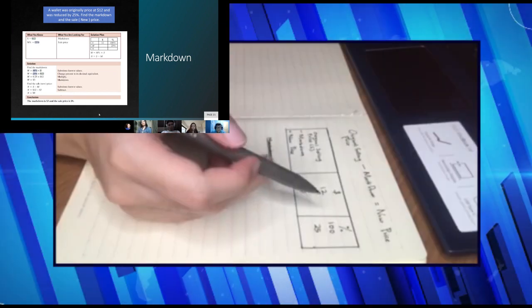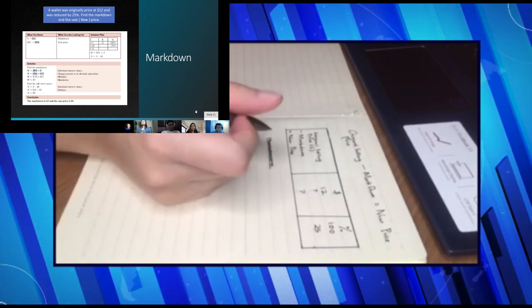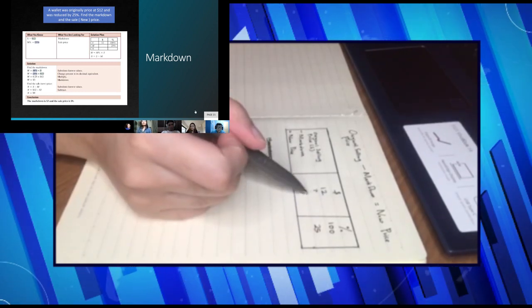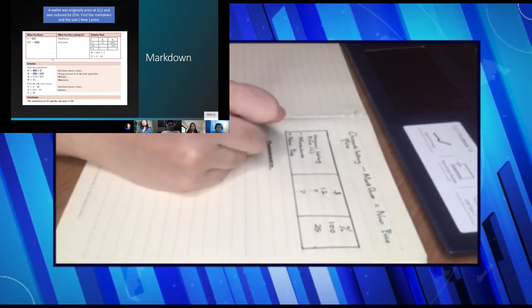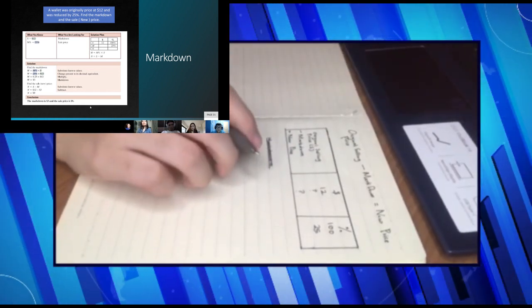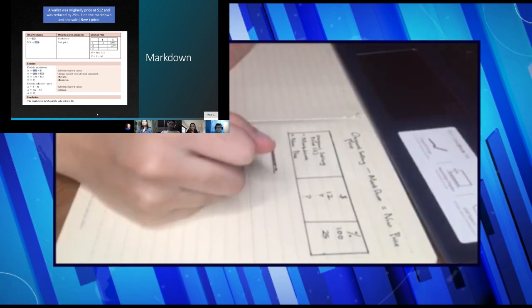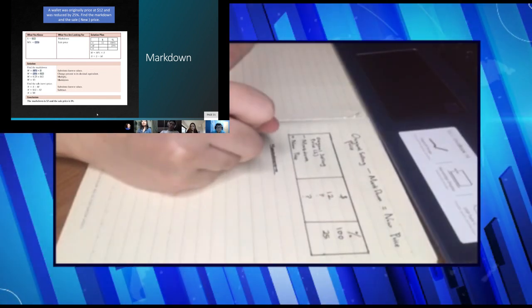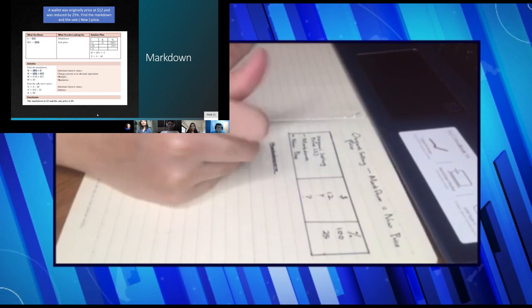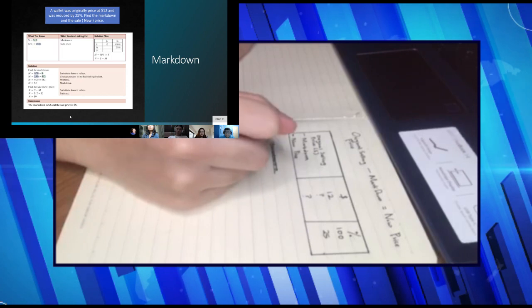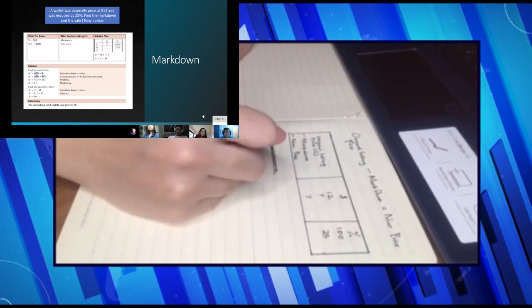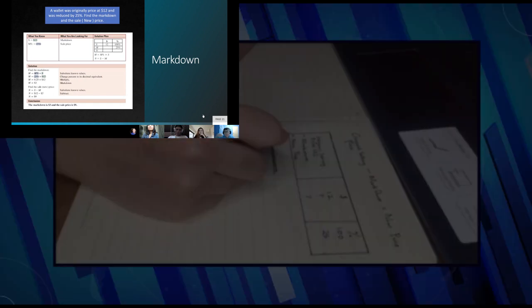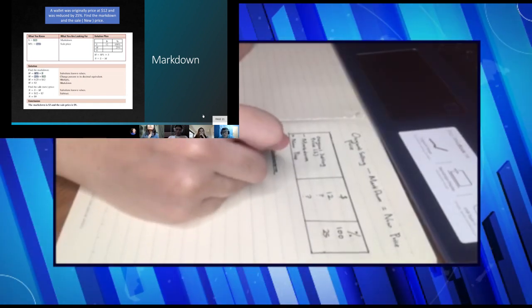What we are looking for is the markdown and the new price. To find the markdown: markdown divided by original selling price equals rate of markdown.